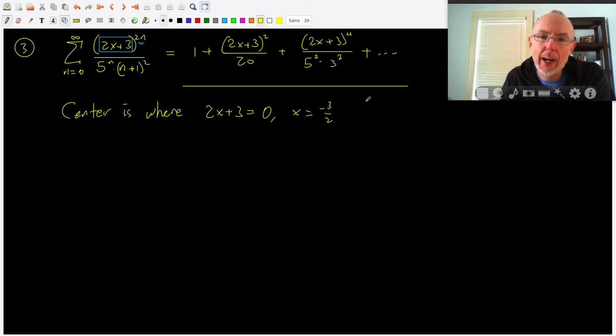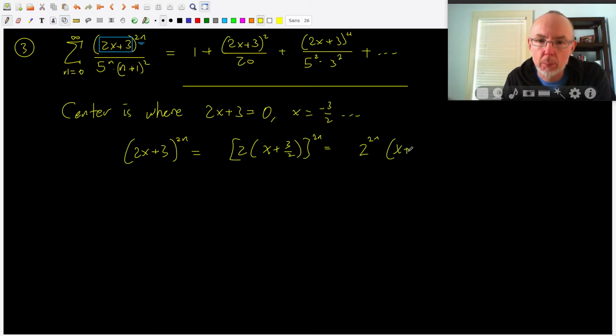I could rearrange that. I could write 2x plus 3 to the power of 2n by factoring out that 2, as 2 times x plus 3 halves, and now this is raised to the power of 2n. So this is rewritten as 2 to the power of 2n times x plus 3 halves to the power of 2n.